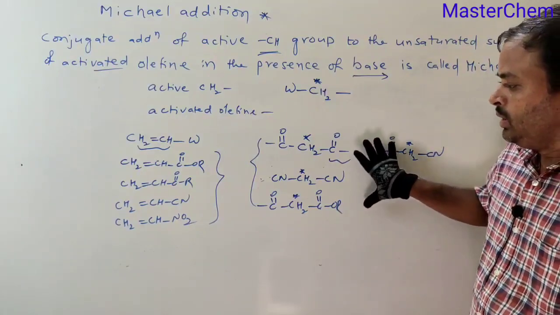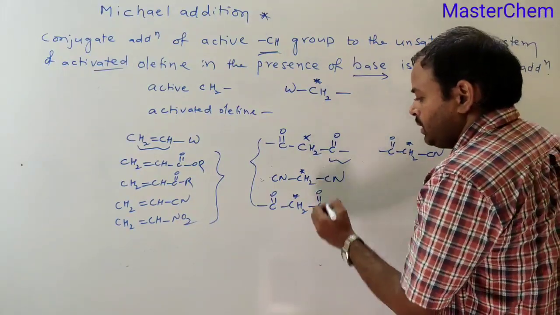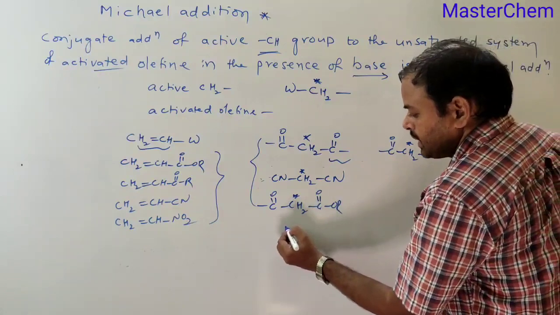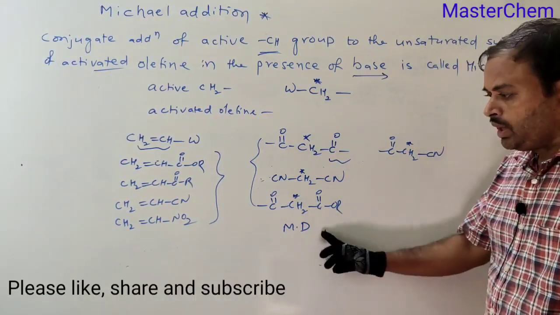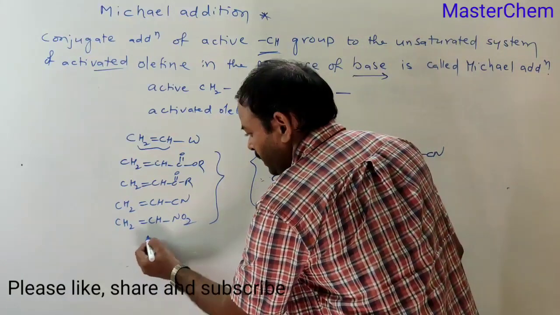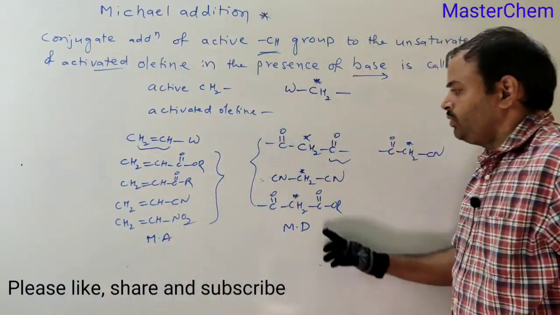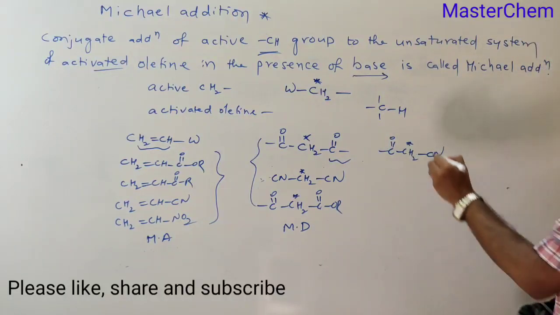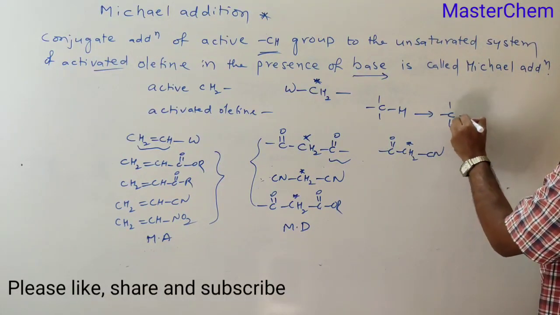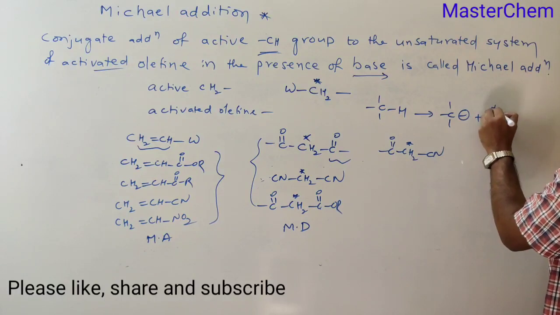Now, this active methylene compound donates electrons, that's why it is called the Michael donor. The Michael donor reacts with the Michael acceptor. How does it donate? As it has hydrogen, it gives C minus and H plus.